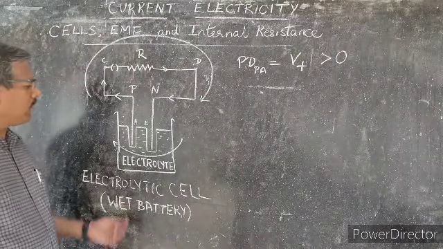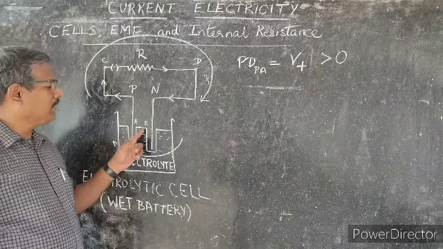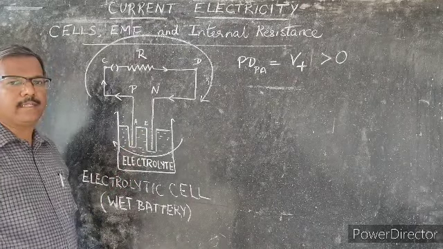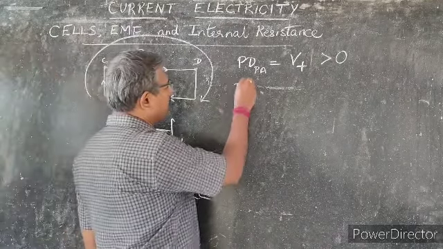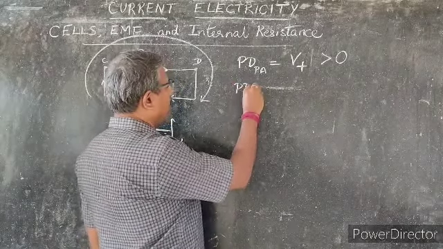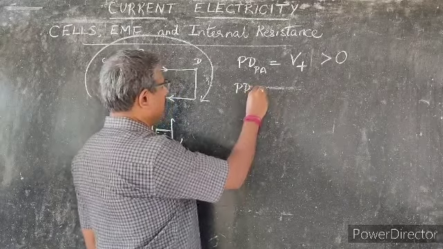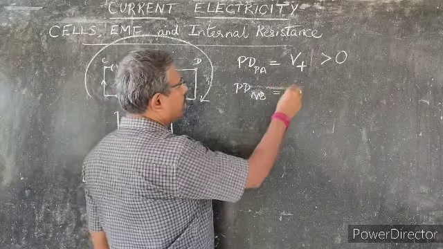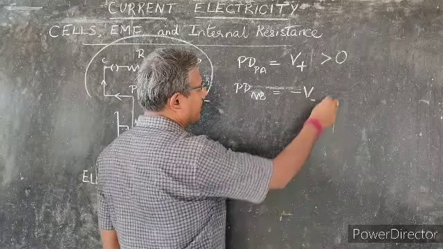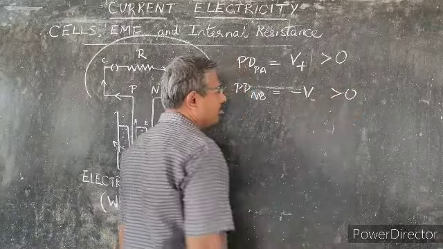Similarly, a potential difference also develops between the negative electrode and the interface B between the electrode and the electrolyte. So this potential difference, which we call NB, will be equal to minus V minus, which will also be greater than 0.